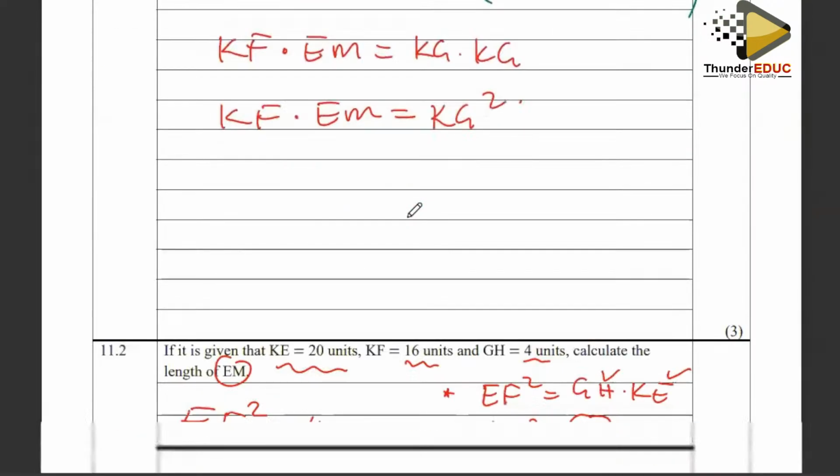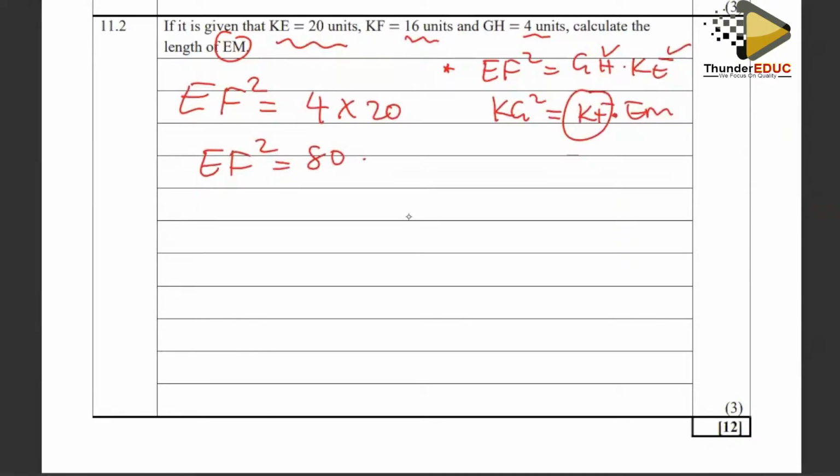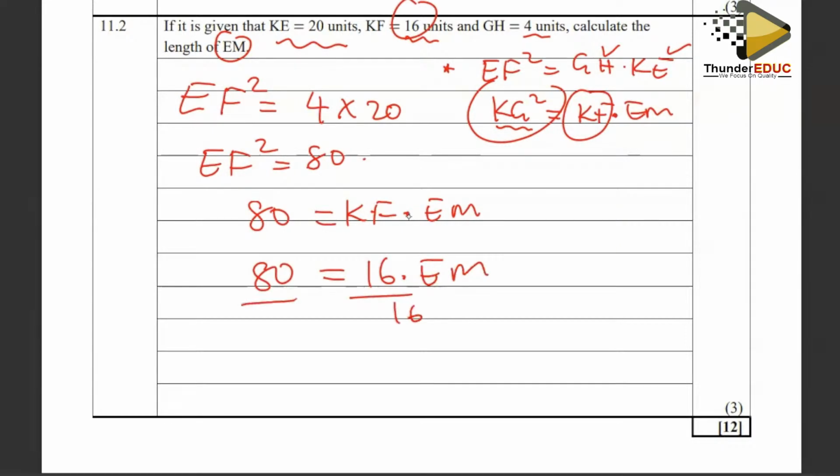Instead of calculating this back, I'll just replace it with the 80 and say that 80 is the same as KF multiplied by EM. So what is my KF? My KF is 16. So 80 is equal to 16 times EM. Divide both sides by 16. How many 16s are in 80? We only have 5. So EM becomes 5 units.